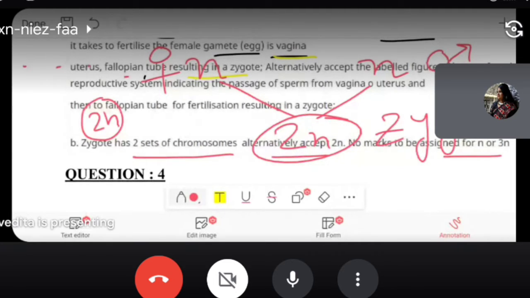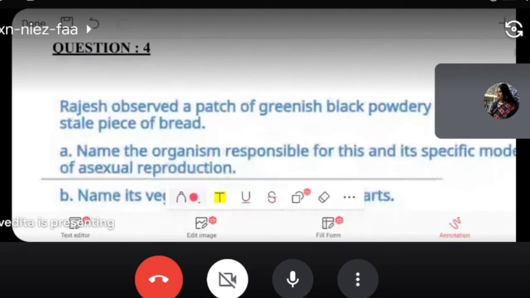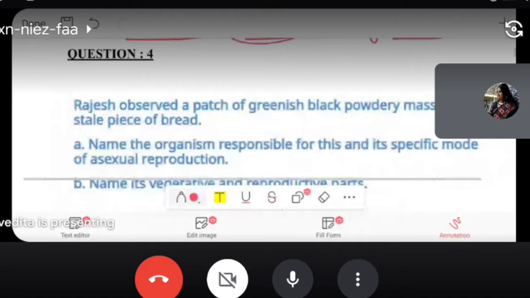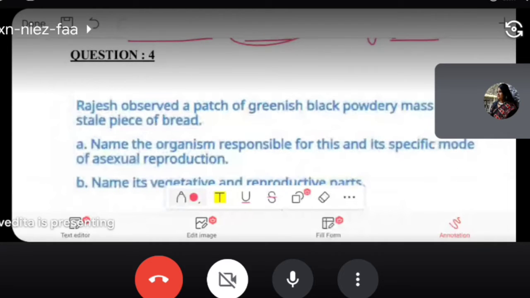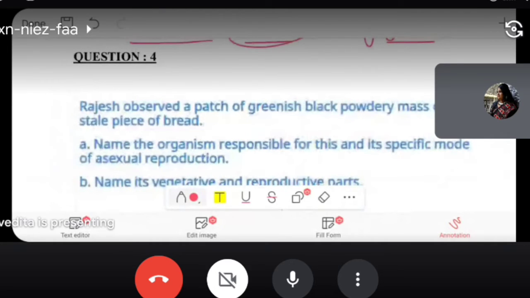Yes, ma'am. Okay, next we will go to the next question. See, question number 4 is also from the biology portion. In question number 4, Rajesh observed a patch of greenish black powdery mass on a stale piece of bread.